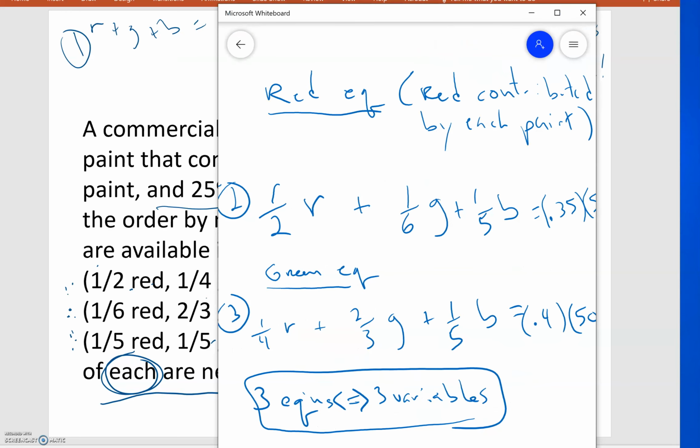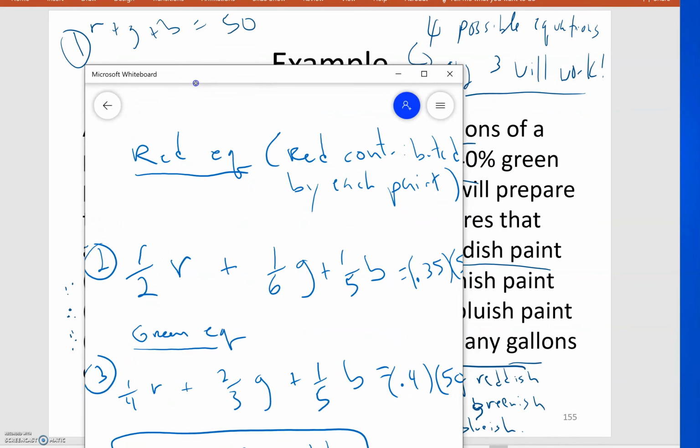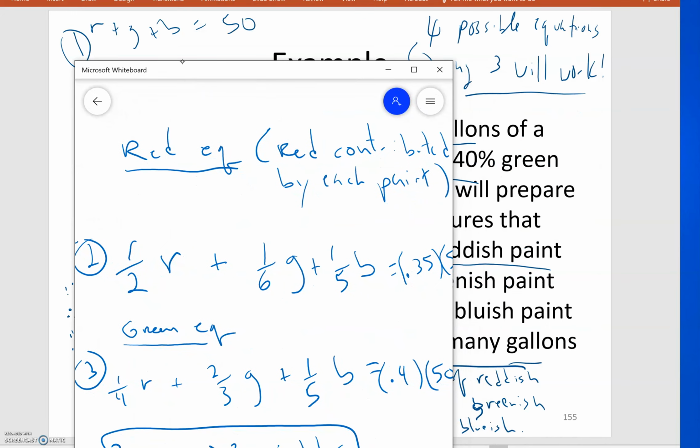So now it's a matter of writing down the matrices and collecting all this information. Just to give you a quick overview, our first row of the coefficient matrix is going to be 1, 1, 1, 50.